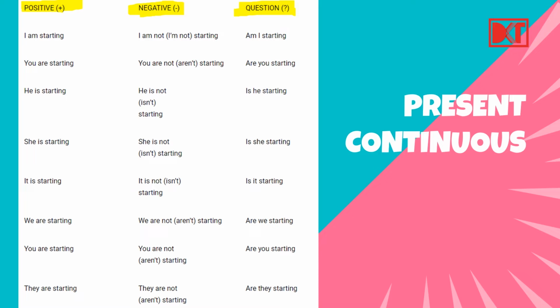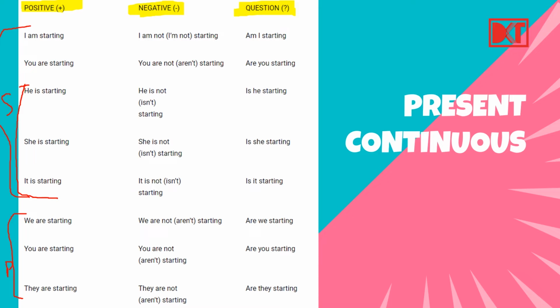So again, this is all singular and this is plural. Right, and this is the first person, second person and the third person. Similarly for plural, first person, second person and third person.